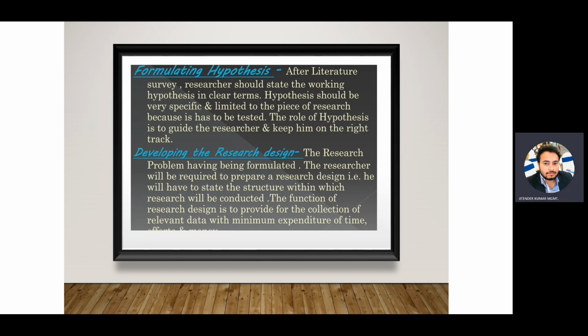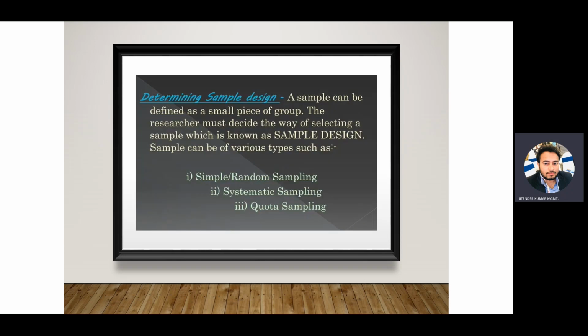After identifying the research design, you must plan your sample design, right? These are the methods in which you can choose your sample design. One is random sampling, where you pick randomly by defining your target population.